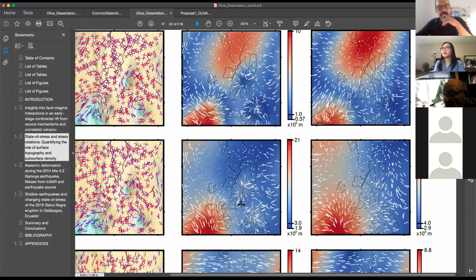If I'm only modeling topography here, the extension is still kind of maybe east-west, a little going northeast, southwest. But once I put in all the components, including the Moho and the inflated magma chamber, that rotates to about north-northwest, which matches the seismicity in the southern part of the Pagalay area.